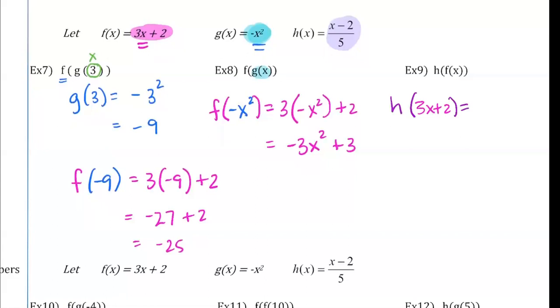Okay, so now for x, I'm going to put in 3x plus 2. That was my x right there. I just plug that in, and now I'm going to continue with it with the minus 2 divided by 5. I can do some simplifying here. This plus 2 and minus 2 will cancel, and I have 3x over 5.